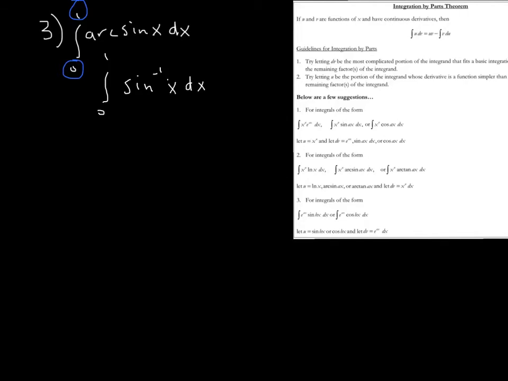All right, so you actually do have a product of two because if you just think of this as 1 times the inverse sine of x dx, you'll see that you actually have two functions multiplied. Now, once again, you have a couple of choices. Obviously, we have our little sheet right here that lets us know that when we have integrals in this form involving inverse sine, we probably need to let u equal the inverse sine of x.